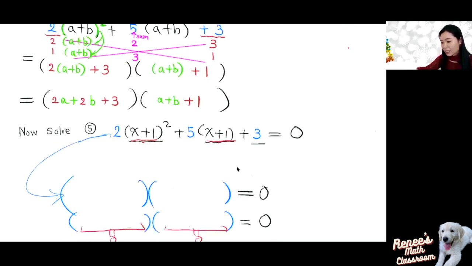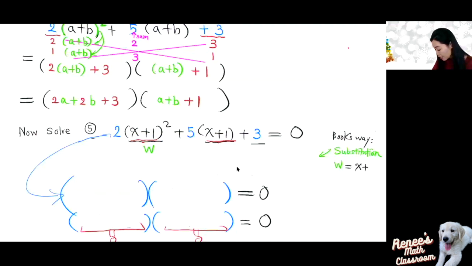To solve this equation, let's do it the book's way first. The book will do a substitution. Notice that this x plus 1 in the parentheses is a sum, so the book did a substitution first. They substitute this by w. Substitute the x plus 1 by w, so you get 2w squared. Remember, this is a square. 2w squared plus 5w, and then plus 3 equal to 0.